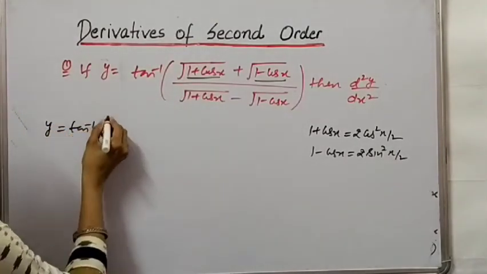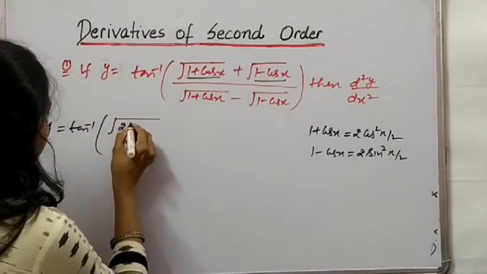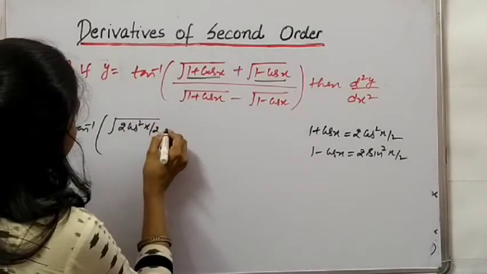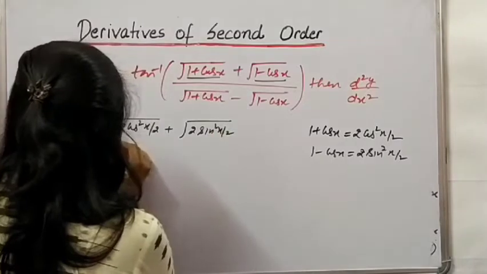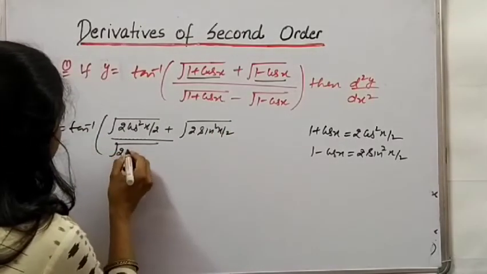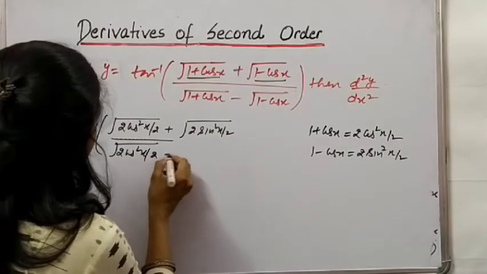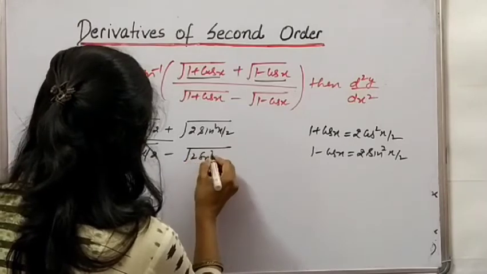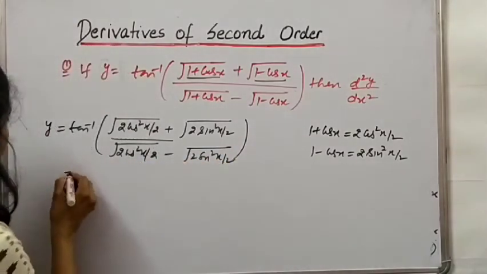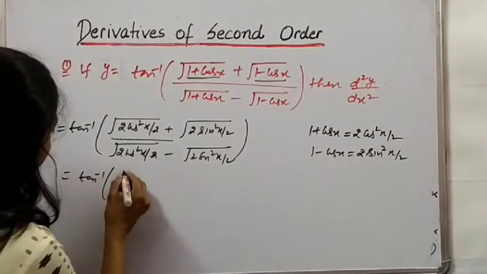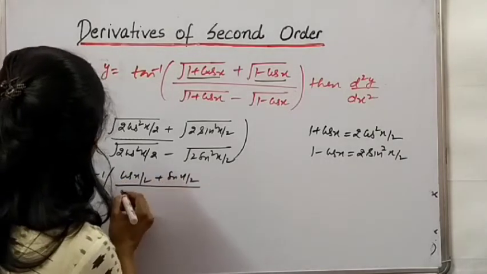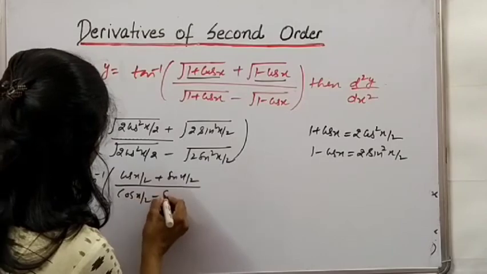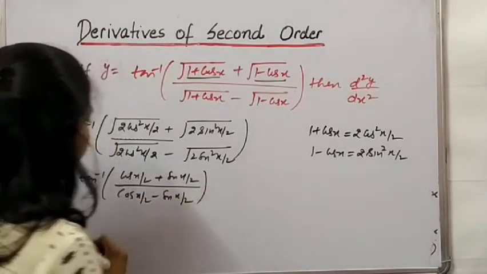So y is equal to tan inverse of 2 cos square x by 2 plus 2 sin square x by 2 upon 2 cos square x by 2 minus 2 sin square x by 2, and after simplification we will get cos x by 2 plus sin x by 2 upon cos x by 2 minus sin x by 2, right?